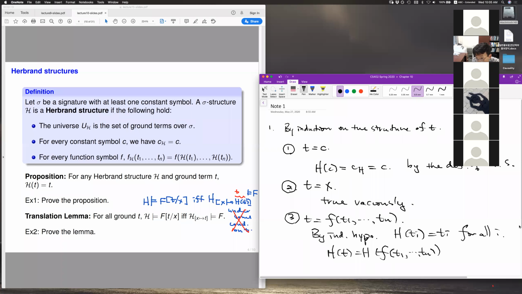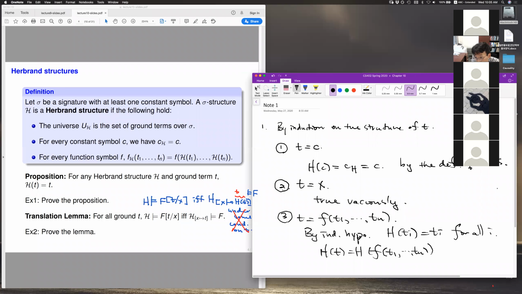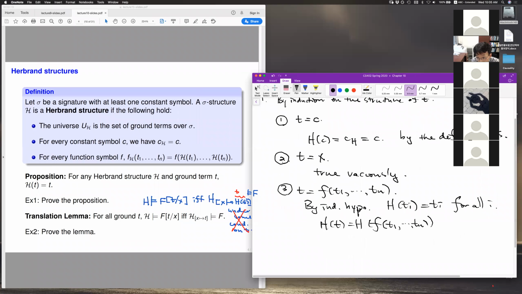By the definition of the semantics, this is the same as using the meaning of f under h, and then interpreting each of these T1 up to Tn. And the interpretation of T1 up to Tn, by the induction hypothesis, is the same as T1 up to Tn.